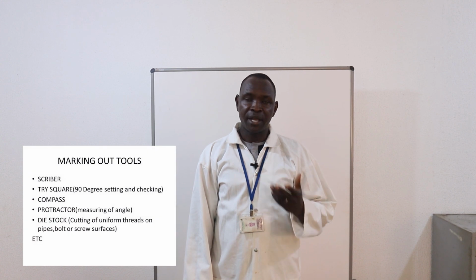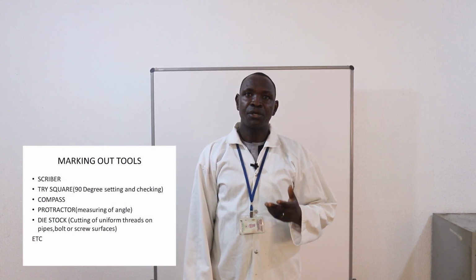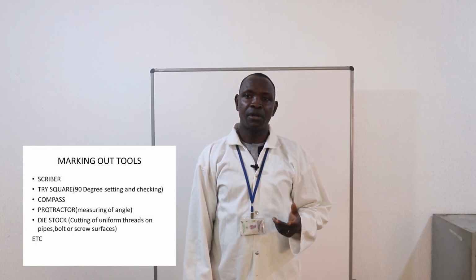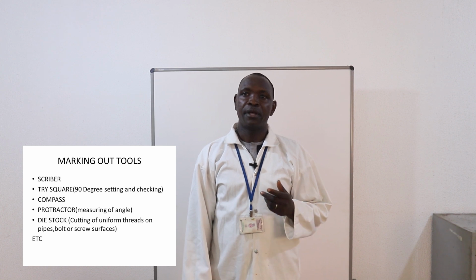On marking out tools, we have numerous of them, but for the purpose of time and this discussion, I'll be discussing a few of them, such as scriber, tri-square, compass, protractor, die stock, and so forth.